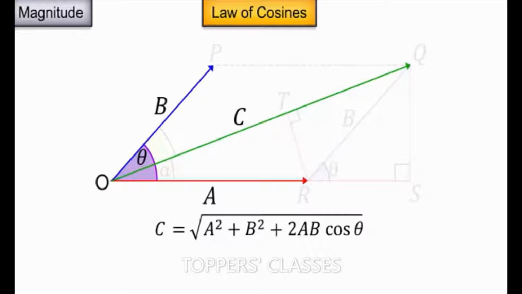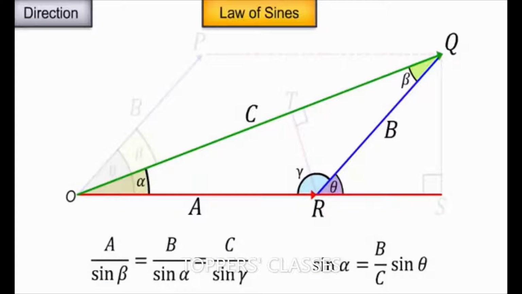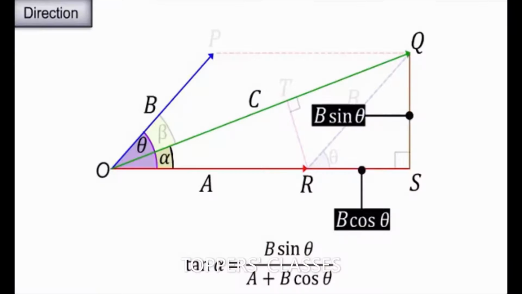This equation is known as the law of sines. Sin alpha is equal to B by C into sin theta. From this equation, we can find the direction of the resultant vector C. Tan alpha is equal to B sin theta by A plus B cos theta. From this equation too, we can find the direction of the resultant vector C.